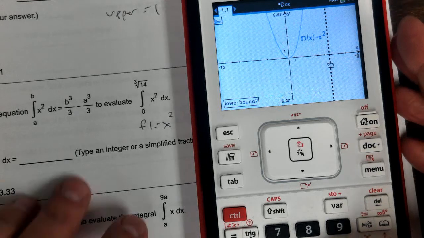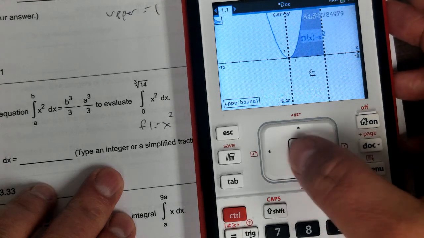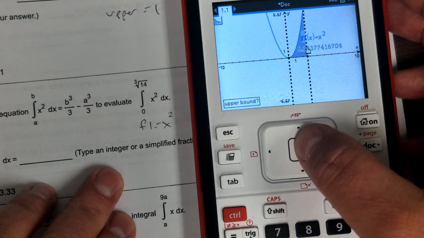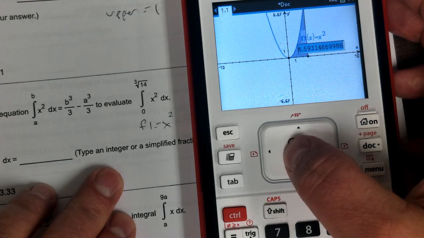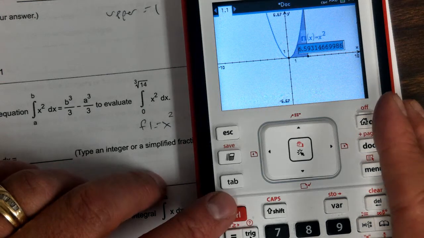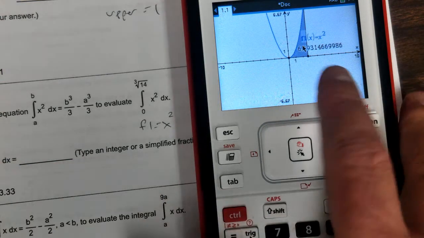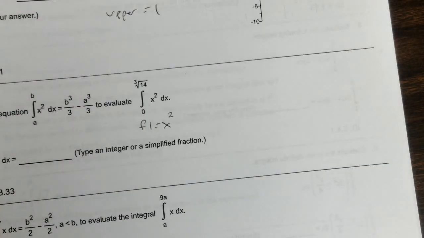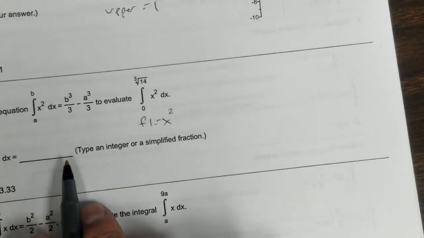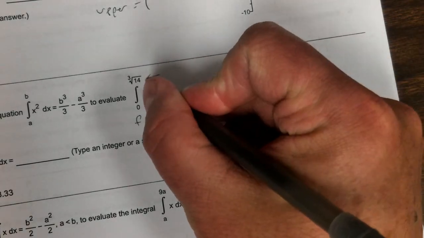Our lower was 0, and our upper I want to paste. Okay, it didn't like how I did it. Okay, I was hoping it would do it right, but it didn't. Okay, so this is one we'll do by hand.